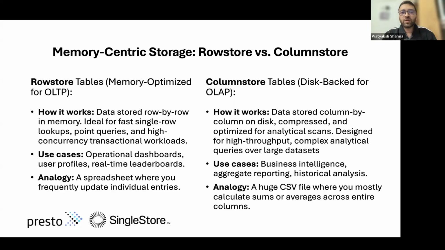Which means that SingleStore can support row store tables as well as column store tables. Row store tables are a type of table where the data is laid out in row format, in the form of rows one by one. And row store tables are more suitable for transactional workloads.